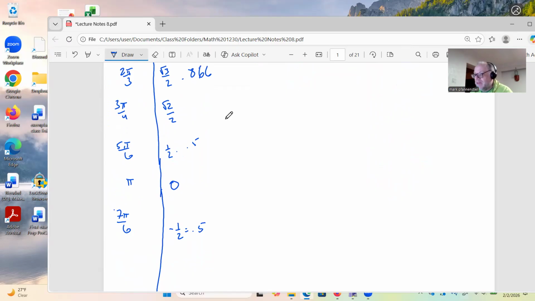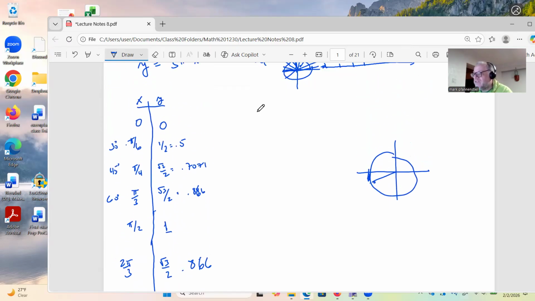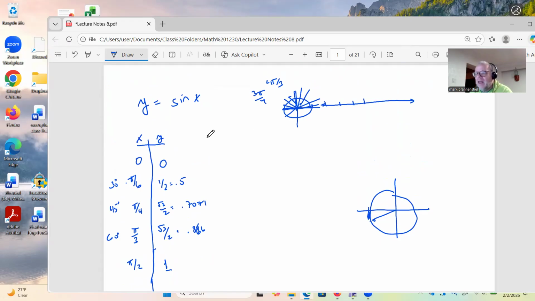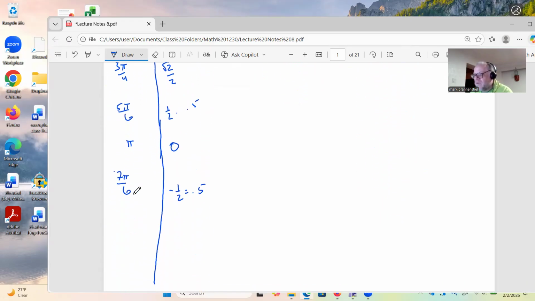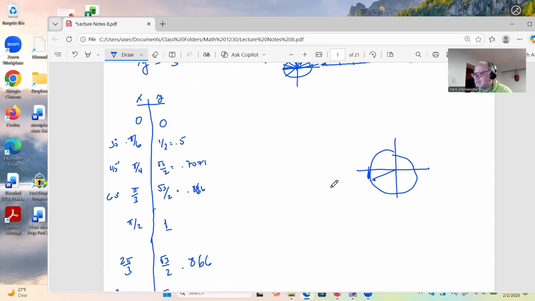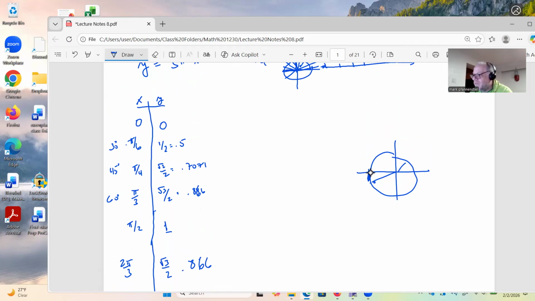And we can just keep going with this. The next one is 5 pi over 4. All I'm doing is telling time: 1 pi over 4, 2 pi over 4, 3 pi over 4, 4 pi over 4, better known as pi, and 5 pi over 4 is my next angle.